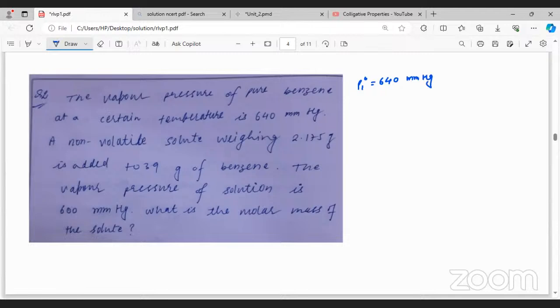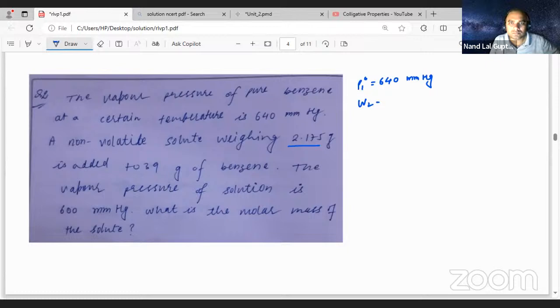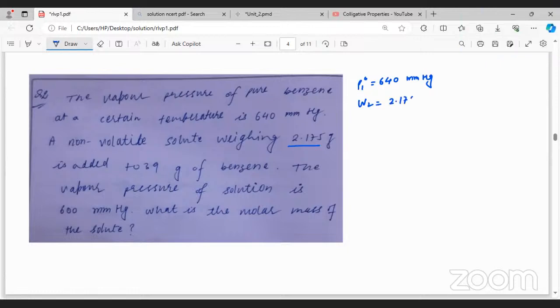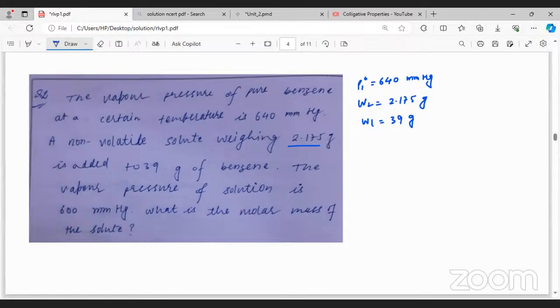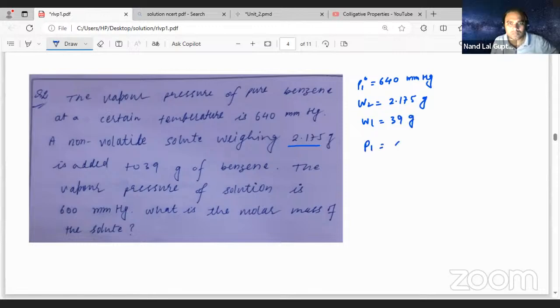A non-volatile solute weighing 2.125 gram is added to 39 gram of benzene. Now the vapor pressure of the solution is 600 mmHg. What is the molar mass of the solute? M2 they are asking. Can't you do it?